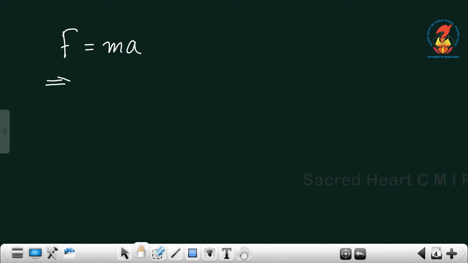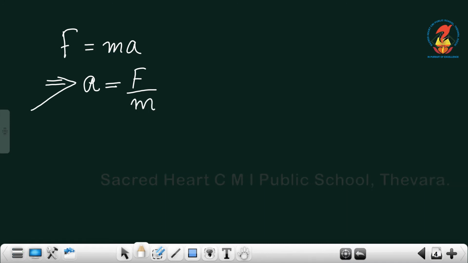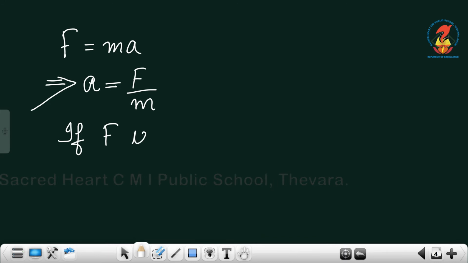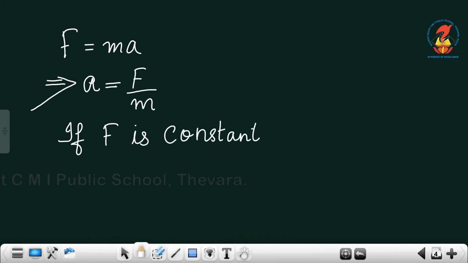The answer is, according to Newton's second law, we know that F is equal to ma. From this equation, let us get an equation for acceleration a. a is F by m. So, if force is constant, acceleration of the body and mass are in inverse proportion.